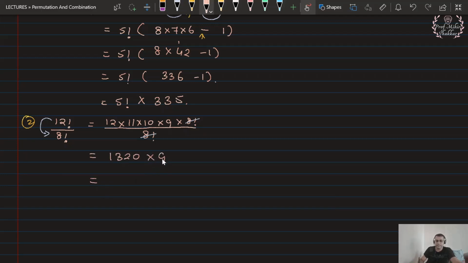So let us multiply. 9 into 0 is 0, 9 into 2 is 18, 27 and 1 is 28, 9 ones are 9 and 2 is 11. So that comes out to be 11,880. So that is the value of 12 factorial upon 8 factorial.